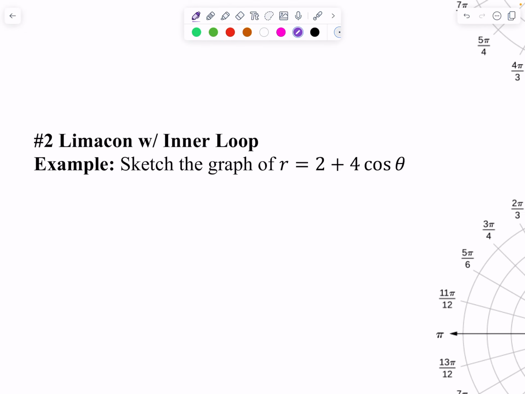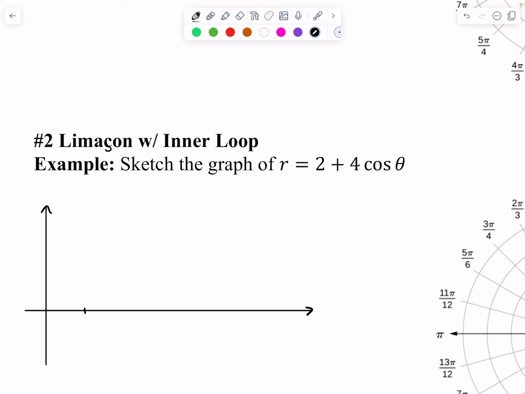Next we're going to check out a limacon that has an inner loop. And I think that after we graph y equals 2 plus 4 cosine of x in the xy plane, it'll make sense why that is. So there's a vertical shift up 2, and the amplitude of this cosine curve is 4.